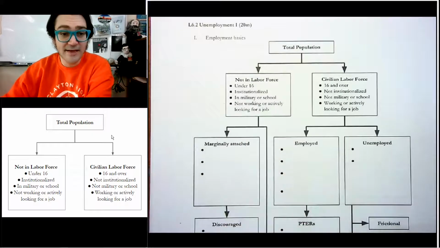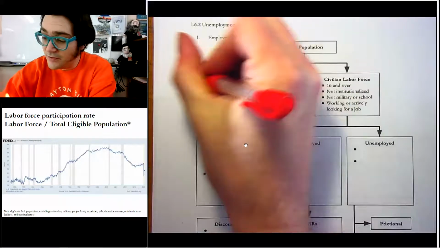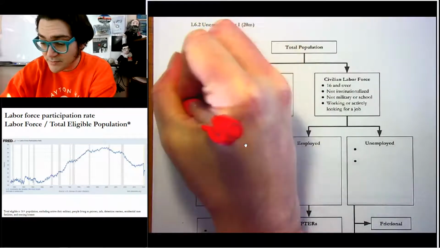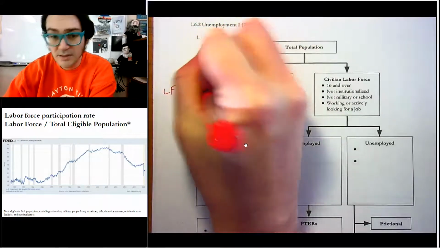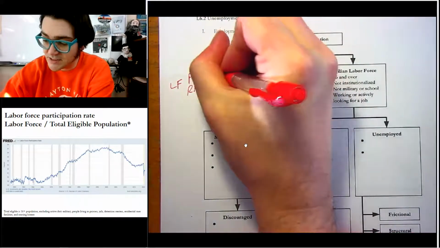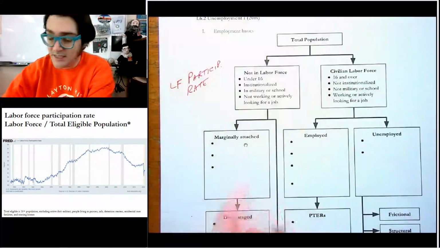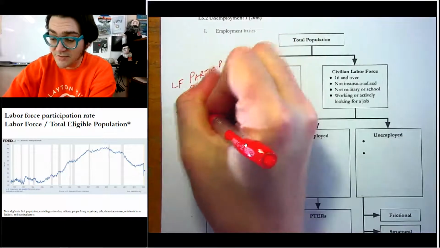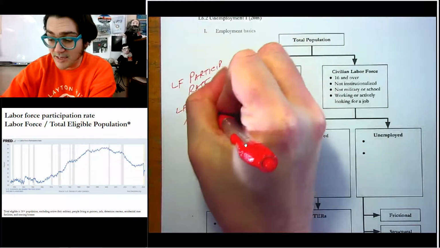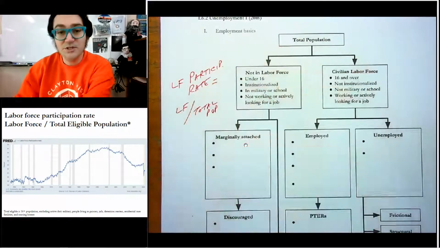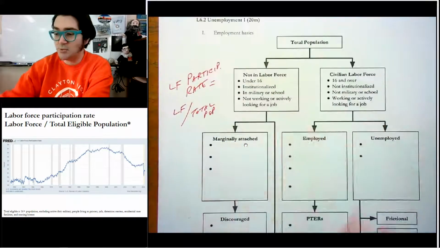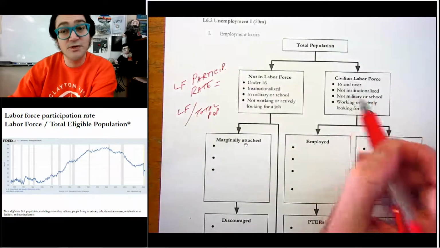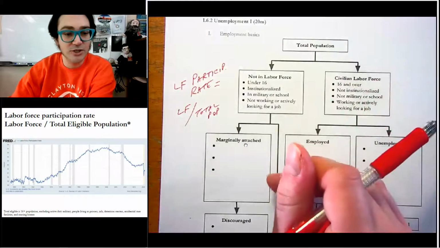Now, within that, we can calculate something called the labor force participation rate. That is equal to the labor force divided by the total population. Sometimes you'll see questions that ask, what's the labor force participation rate? What that is asking is, what's the proportion of the civilian labor force out of the total population?